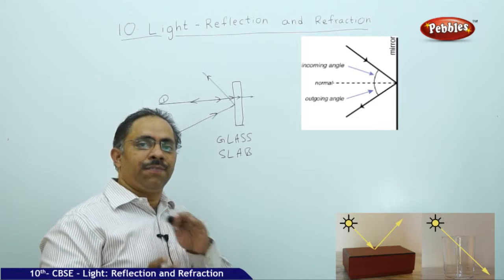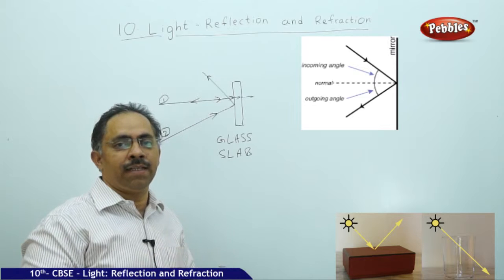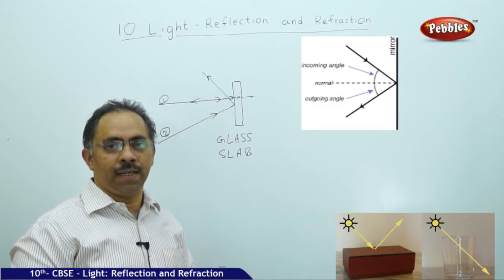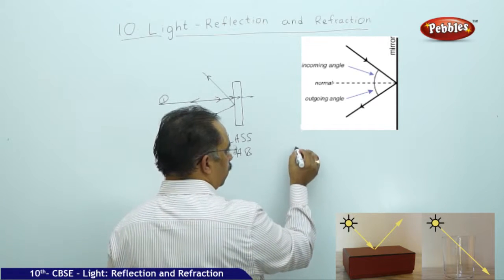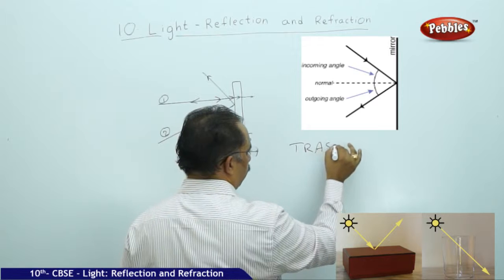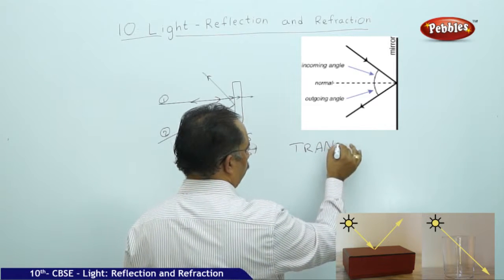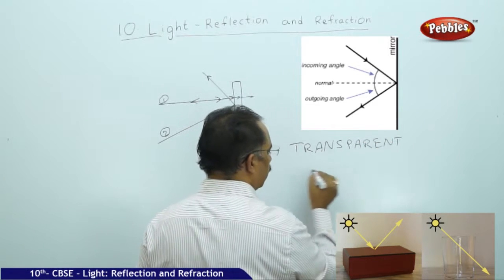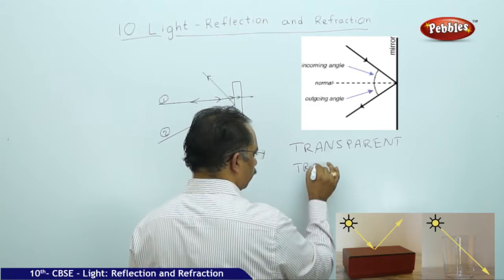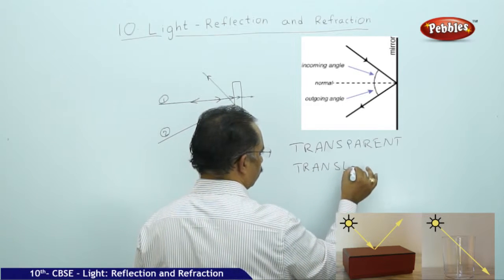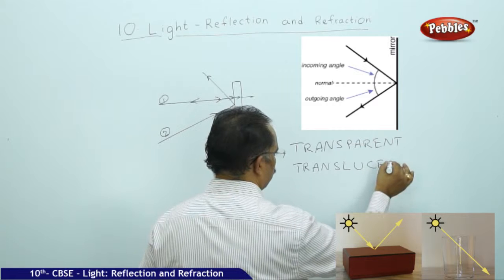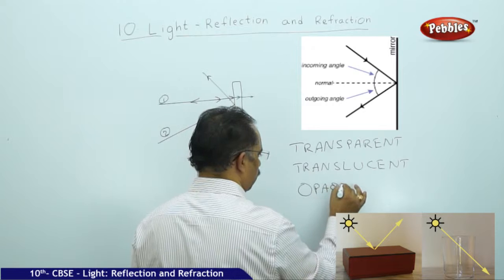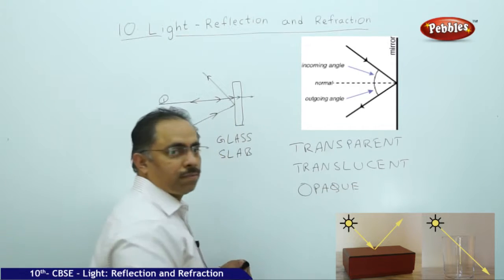What is the difference between different types of material with respect to light? We have basically three types of material. One is transparent, translucent, and opaque.